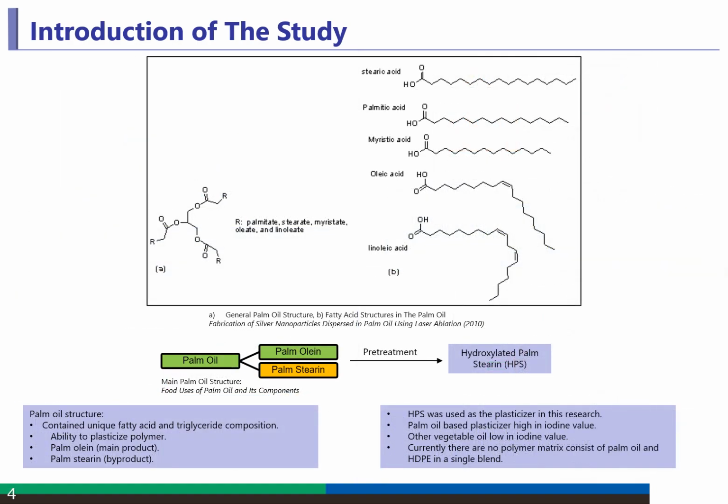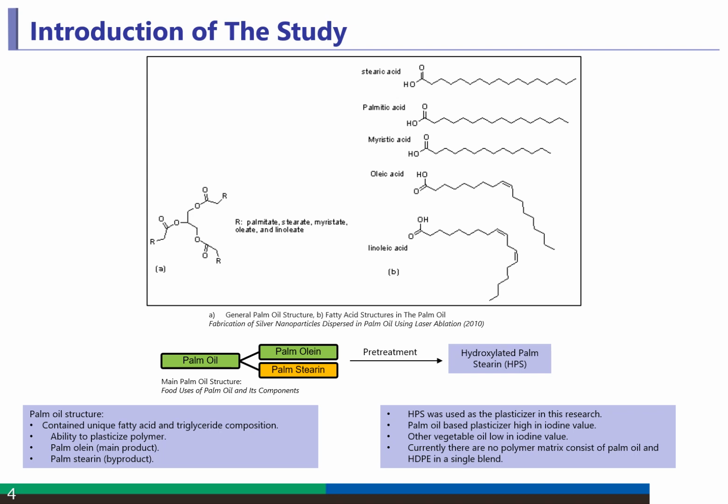In this research, I'm focusing on the palm oil-based plasticizer, which is hydroxylated palm stearin. The palm oil structure contains unique fatty acid and triglyceride composition. As mentioned in the figure above, there are two types of structure: the first one on the left side is the general palm oil structure, and the second one on the right side is the fatty acid structure that exists in palm oil.